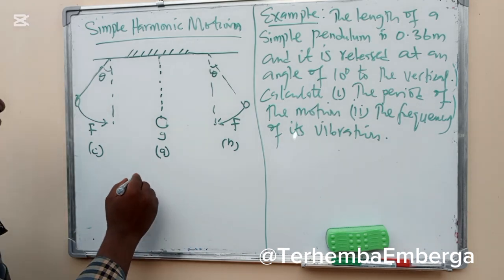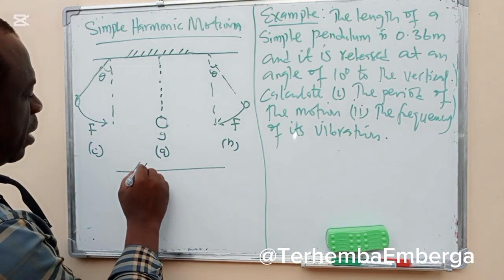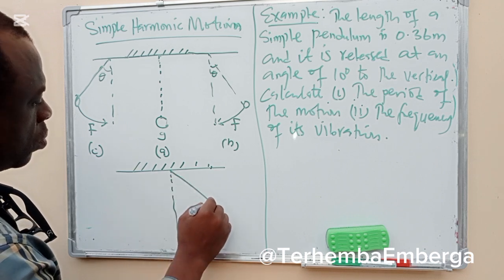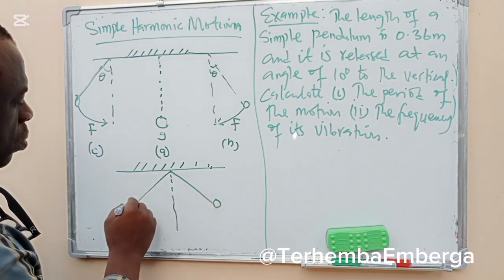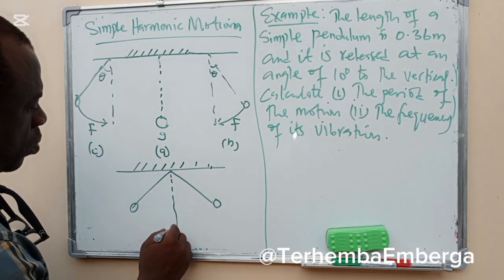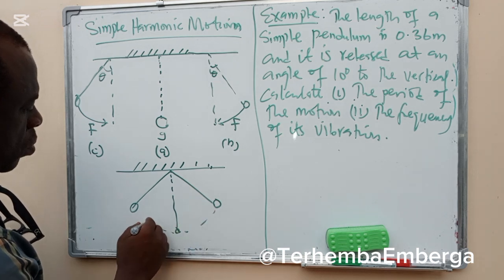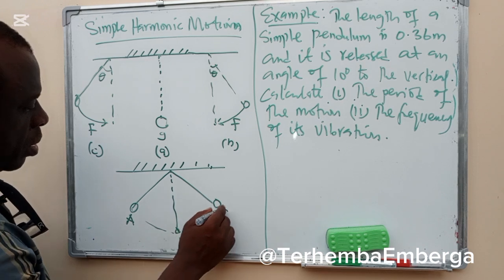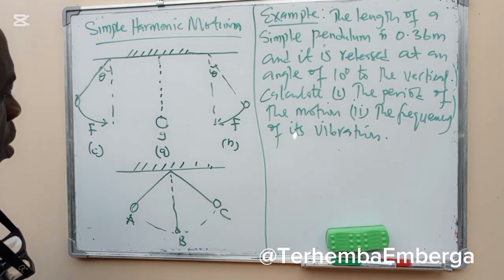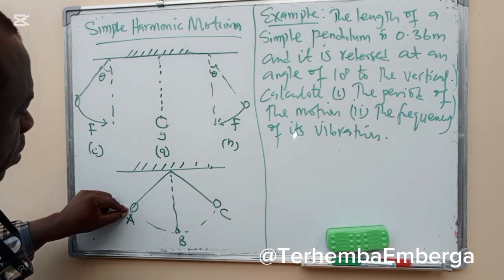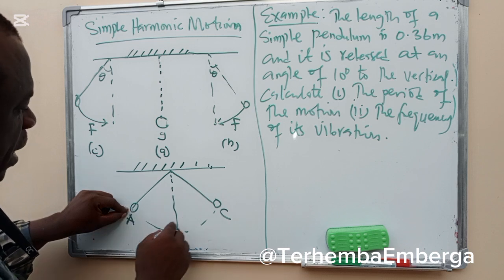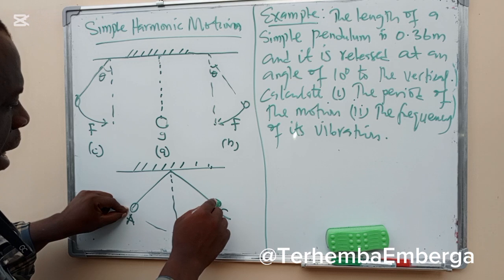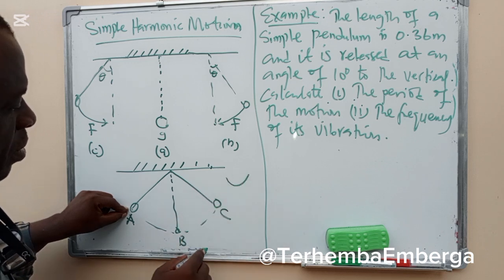So assuming we have a complete system here, I will call this A, B, C. If you displace it from A, it will oscillate, move through B to C, that is performing half a circle.